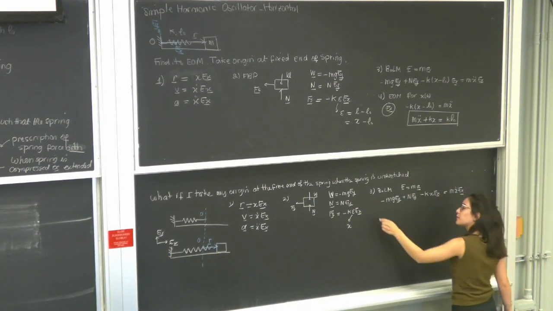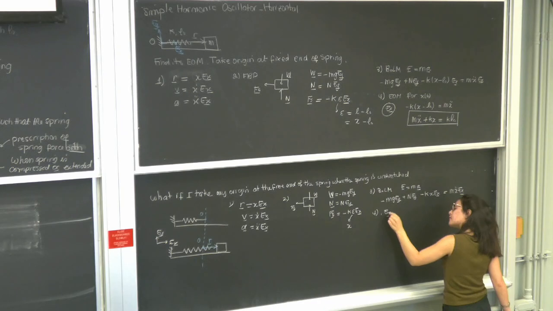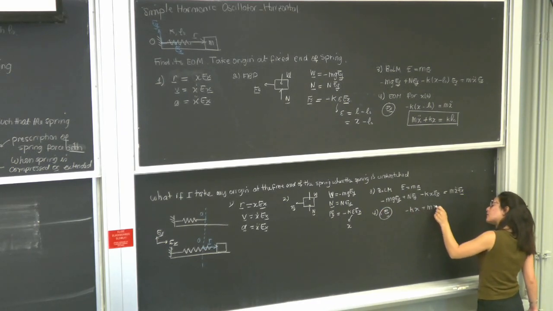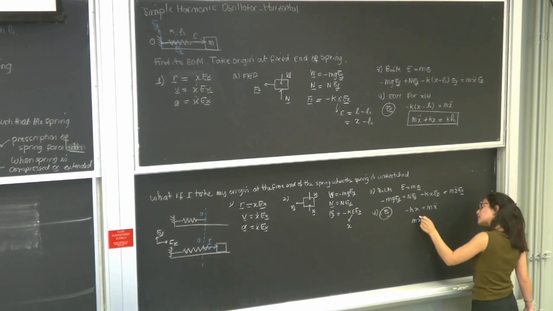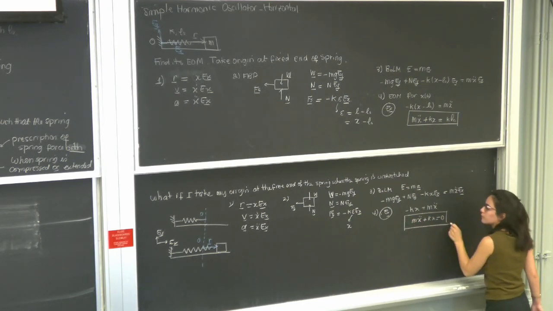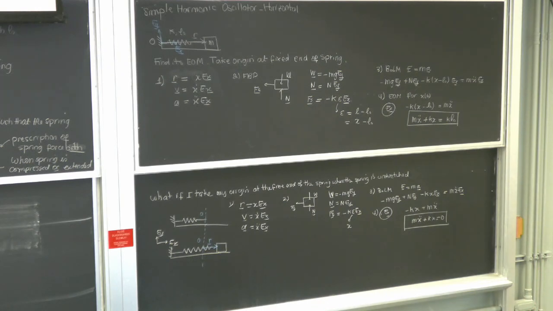And projecting along the ex, I'll get minus kx is equal to m x double dot. So I solved the same exact problem, but I chose a different origin. I got a slightly simpler equation of motion.